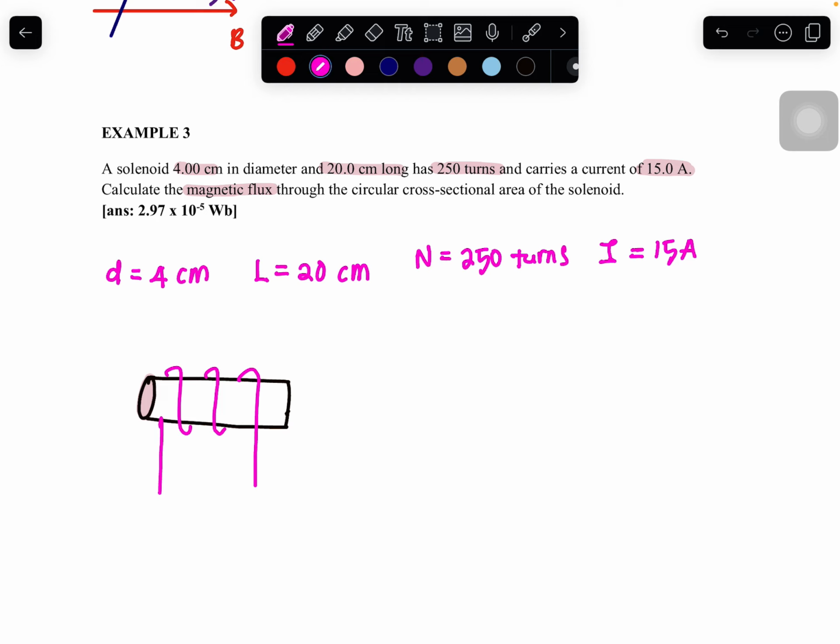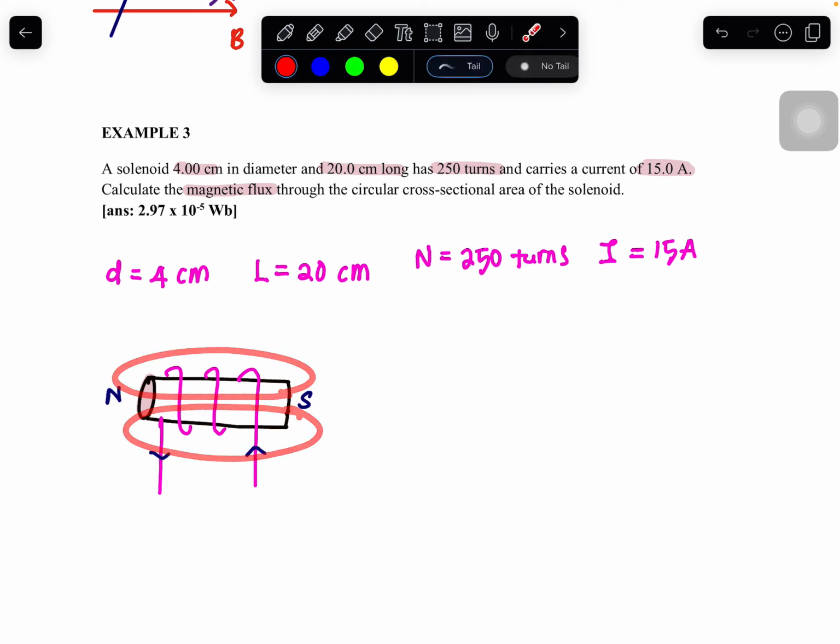Current will flow through the wire. When current flows through the wire, we can find the magnetic field, right? The magnetic field will be north and south. So the magnetic field will be around here. This is our magnetic field.